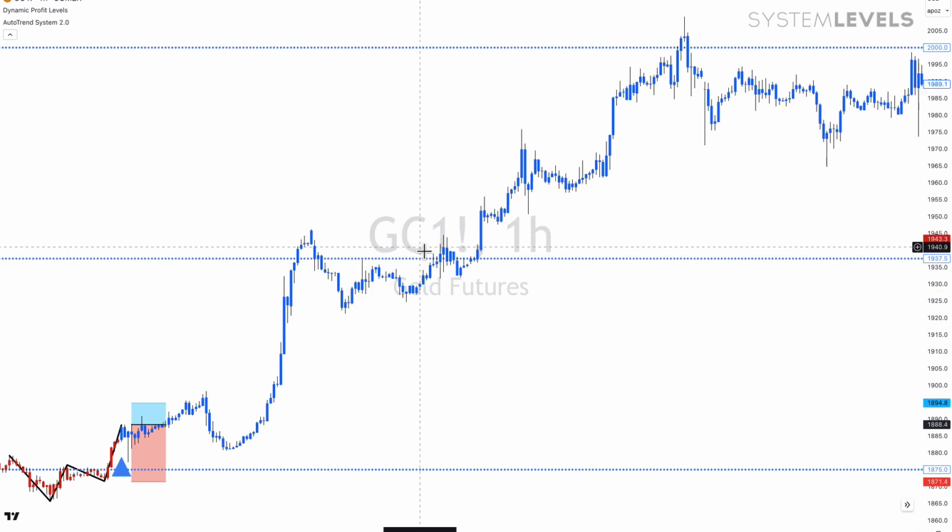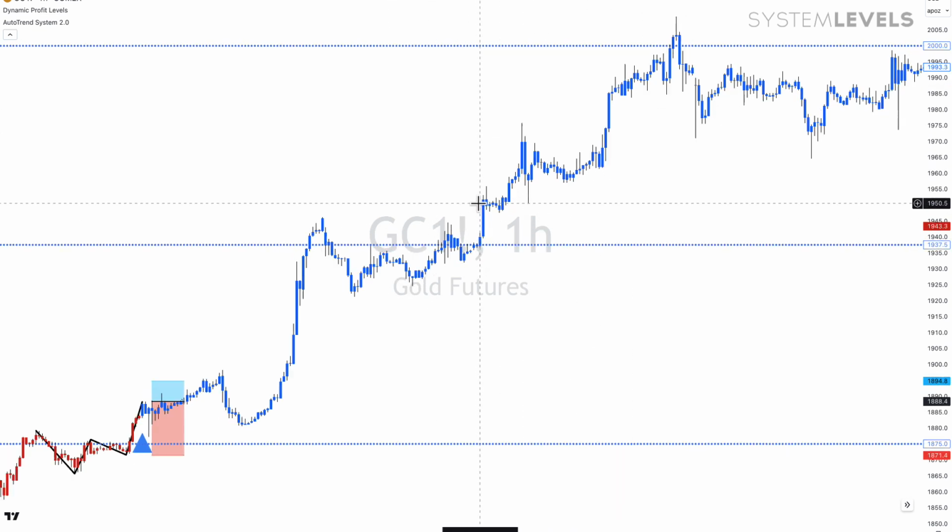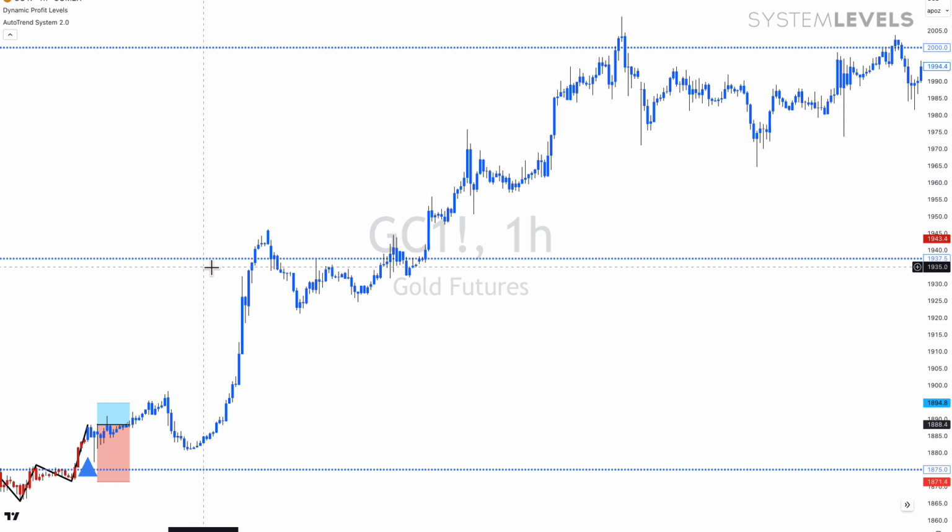They're calculated and plotted automatically using a rather complex mathematical calculation. That's not important because it's doing that behind the scenes, and it does that automatically for every chart. So I simply place the dynamic profit levels indicator on my chart, and these dashed lines appear there automatically, and we're using those as profit targets.